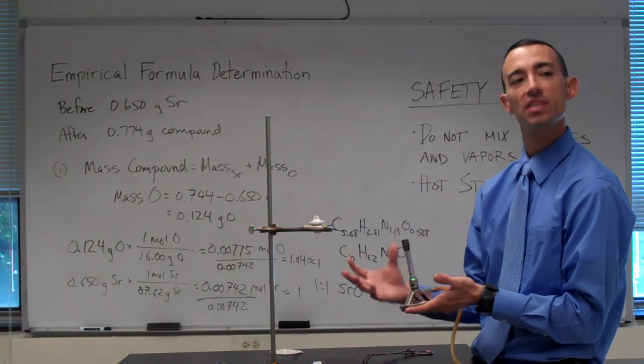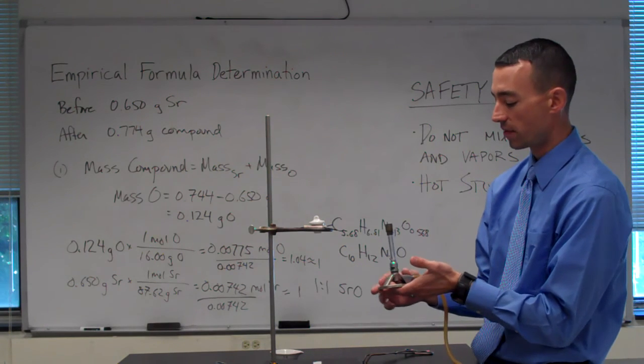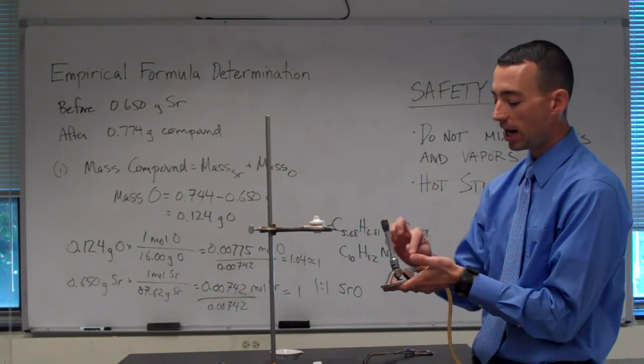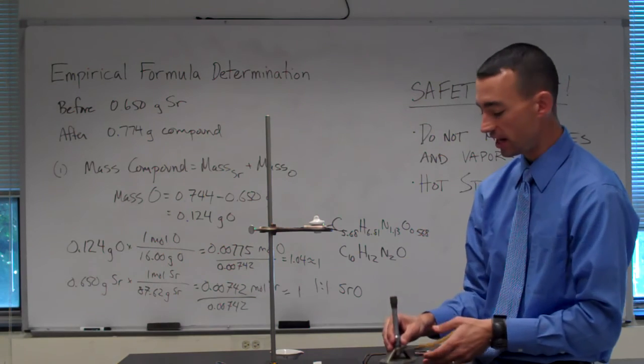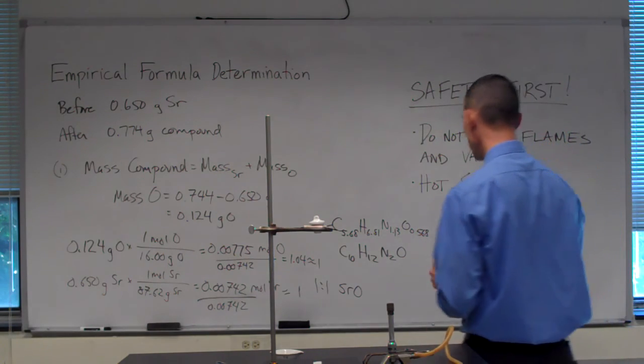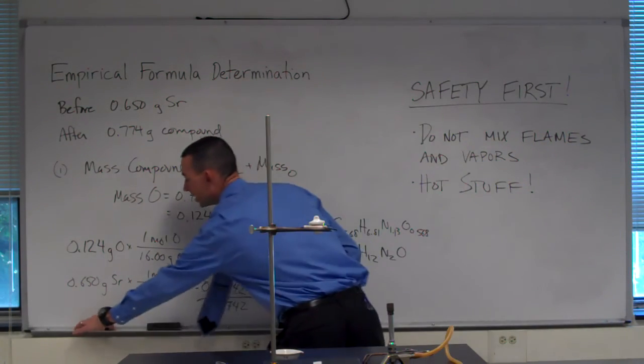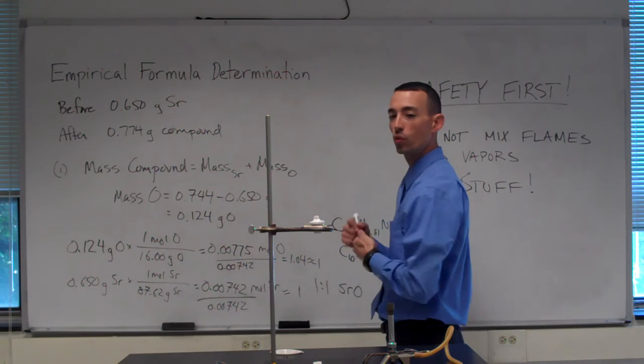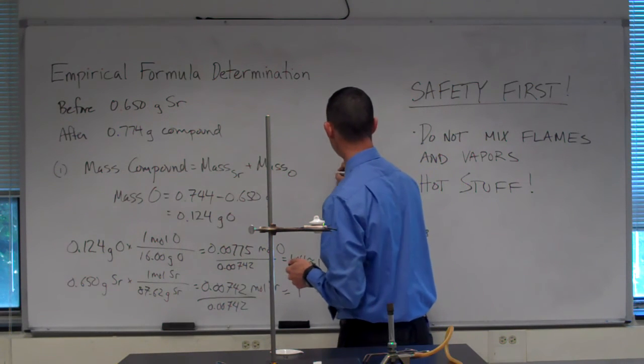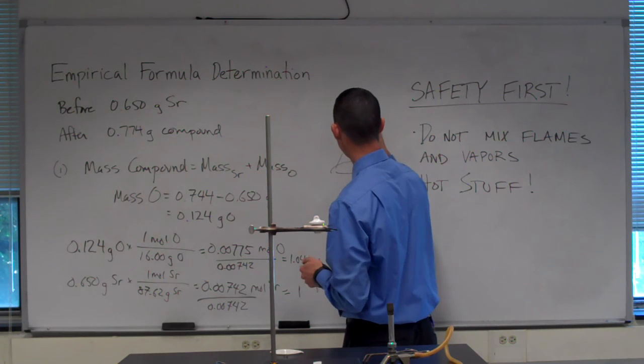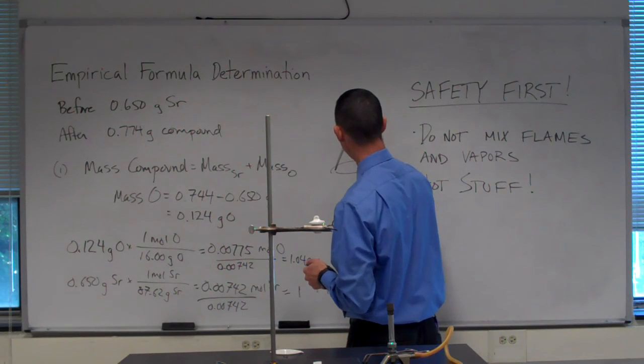And so that is the signature color of that reaction. The more oxygen you let in, the hotter your flame will get. And you'll be looking at points during the lab today to create a cone within the flame that looks like a very sharp point blue tip.